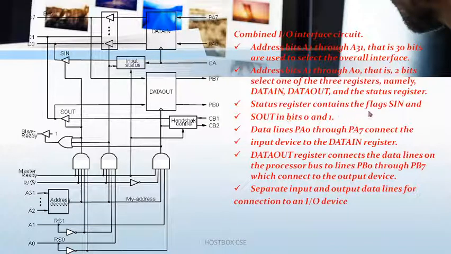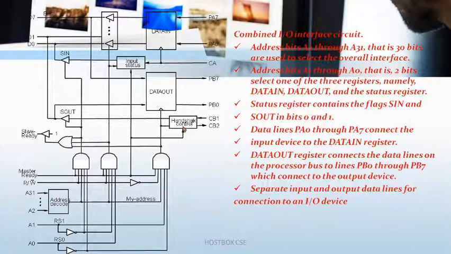Then the status register contains the flags SIN and SOUT in bits 0 and 1. And also data lines PA0 through PA7 connect the input device to the data in register. See the diagram and write the connection. That's the operation and idea about this diagram. Then the data out register, what happens? It connects the data lines on the processor bus to lines PB0 to PB7, which connect to the output device.